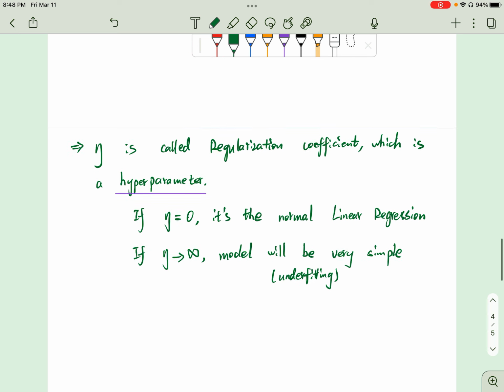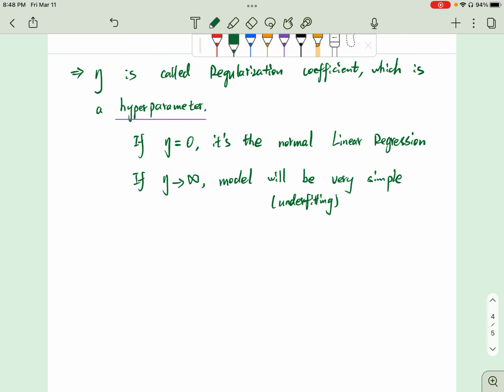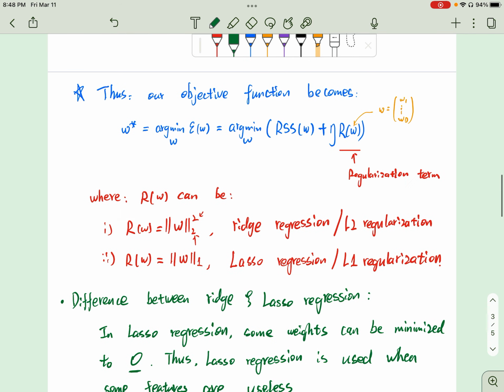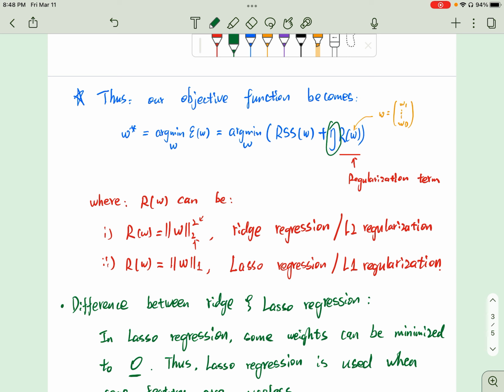Okay, and let me write something more. As the eta increases, the training error will increase. Because if this eta is large, our optimization will mainly minimize this second term and no longer care about the first term.